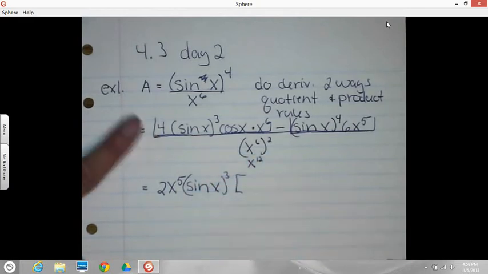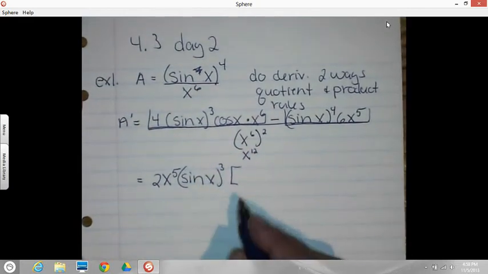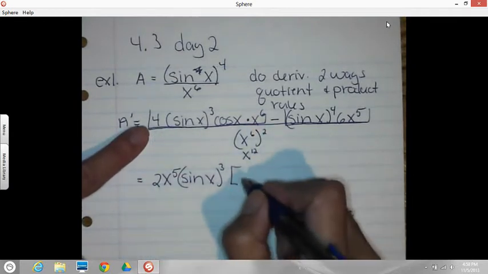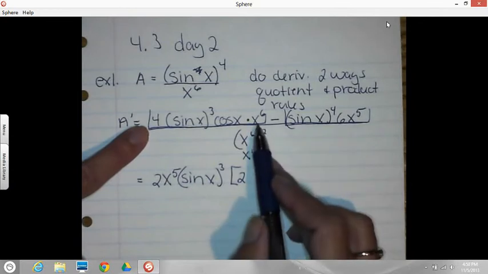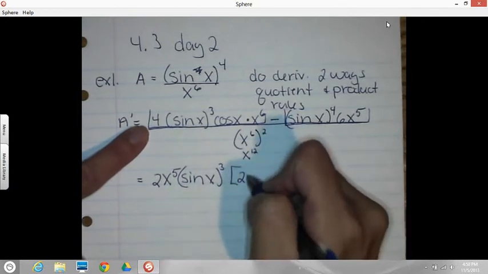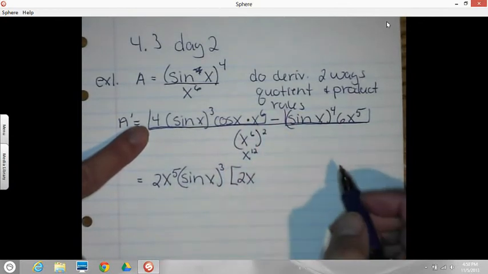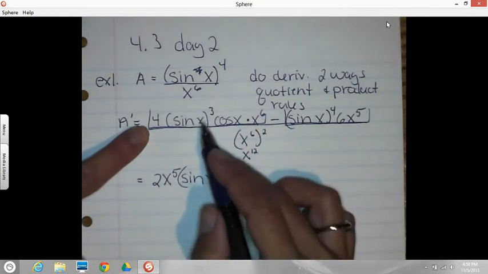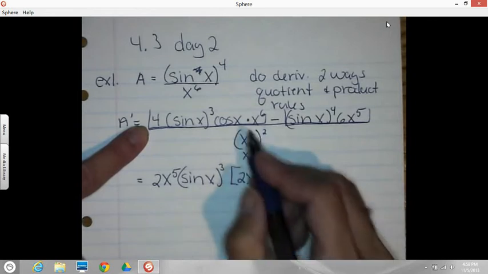And now I'd like to do the square bracket and then say what's left. So I had a 4, divide out a 2, that leaves a 2. And x to the 6th, took out 5, that leaves an x. And 3 of those, took out all 3. So that leaves the cosine x.